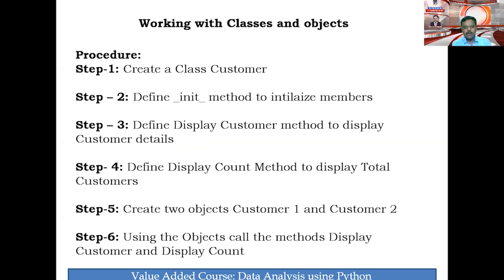In step 4, we define the display count method to display the total customers. After creating this class, in step 5, we create two objects, customer 1 and customer 2. And in step 6, we use the objects to call the methods display customer and display count. This is the procedure we are going to demonstrate from the software.